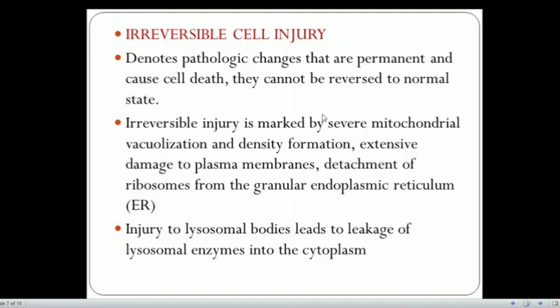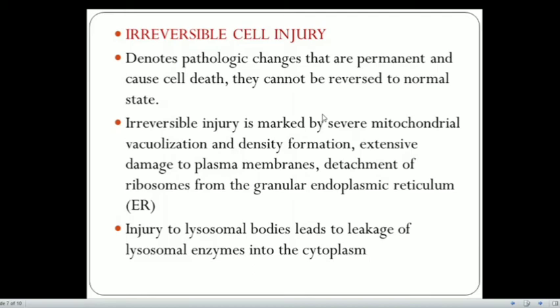However, if the blood flow is cut off for a long period, then the myocardial fibers die and necrosis occurs. Irreversible injury is marked by severe mitochondrial vacuolization and density formation, extensive damage to plasma membranes, and detachment of ribosomes from the granular endoplasmic reticulum. The injury to lysosomal bodies leads to leakage of lysosomal enzymes into the cytoplasm.